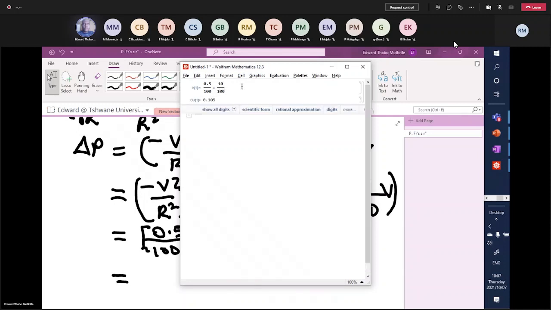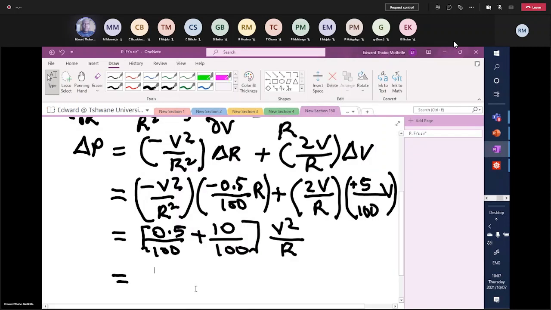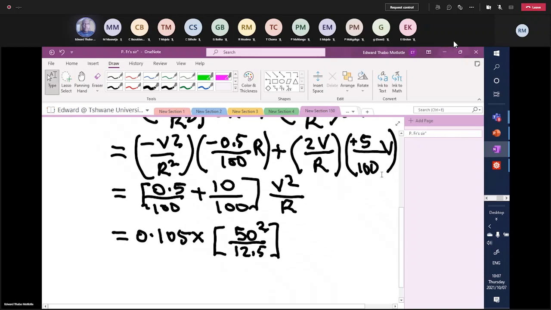This gives me 0.105. Okay. Now multiply. My voltage, they said, is 50. It's going to be 50 squared divided by 12.5. Now let's see what value we are going to get there using Mathematica.